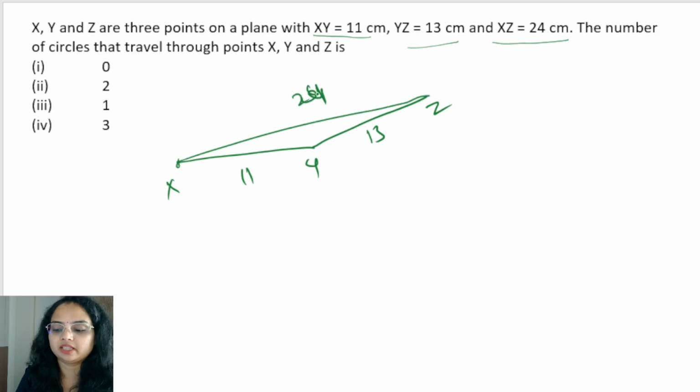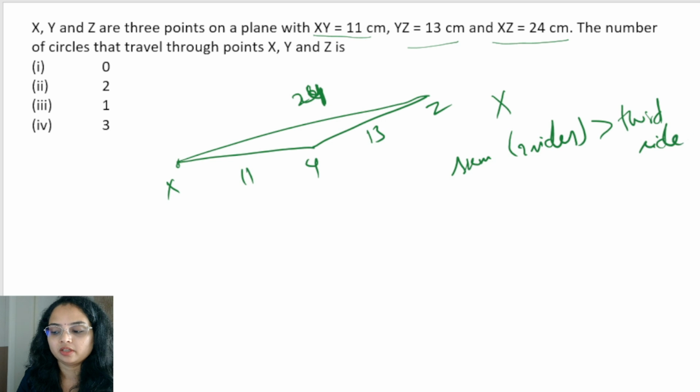We have taken the values here and we have drawn a triangle, but can the triangle be formed here? No, the triangle cannot be formed here because sum of any two sides should be greater than the third side. And here if we see xy plus yz is equal to what? 11 plus 13 is equal to 24. This is equal to the third side.